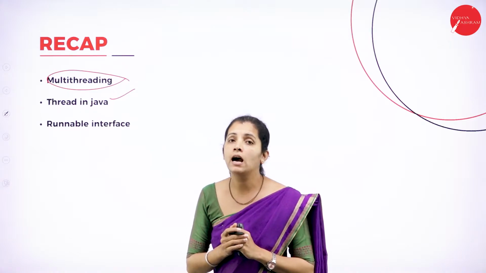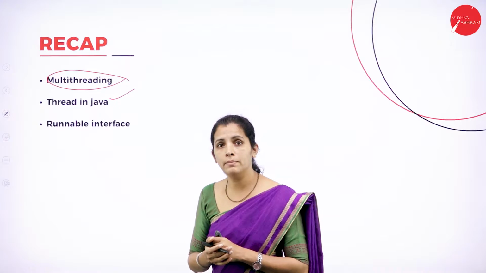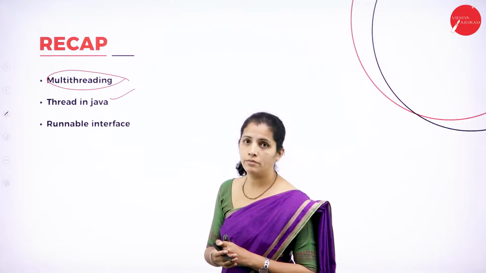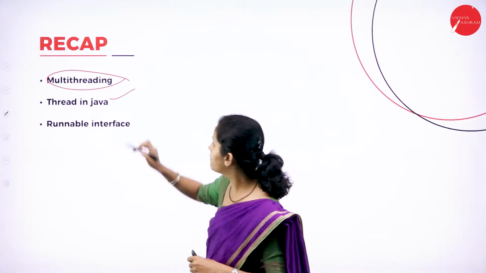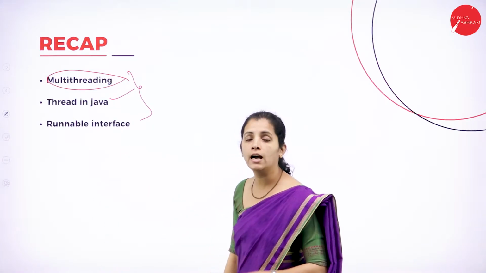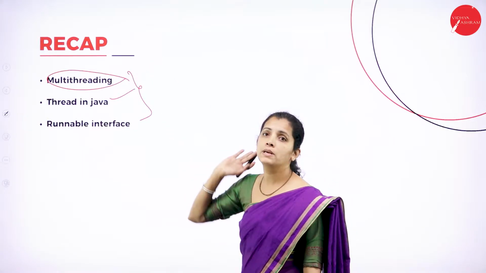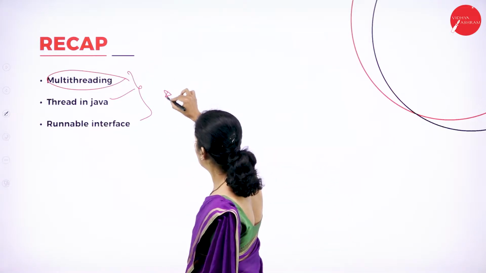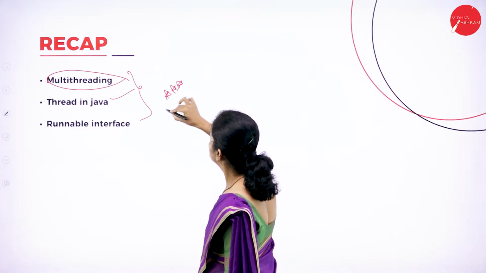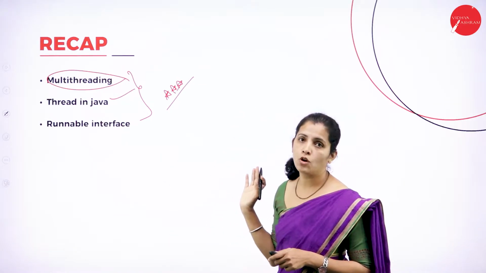Along with that, I discussed extending the Thread class and implementing the Runnable interface. These are the topics I have completed in my last session of this unit, and from the examination point of view, these topics are very important. So dear student, please concentrate more on these topics.